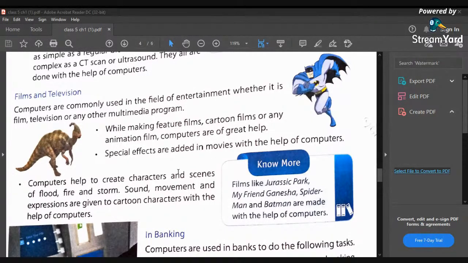While making feature films, cartoon films or any animation, computers help to create the characters and scenes of floods, fire and storms, and the movements and expressions are given to the cartoon characters with the help of computers.